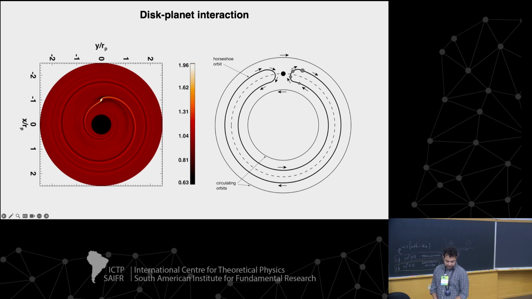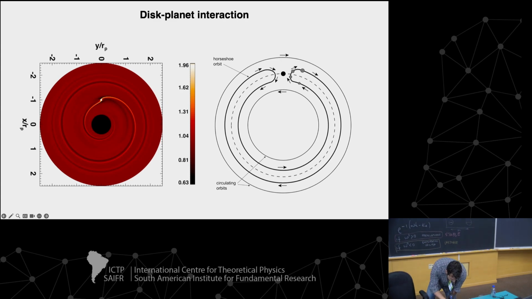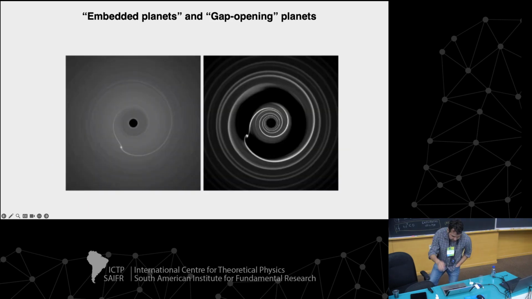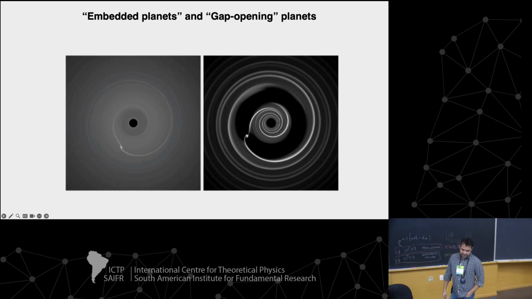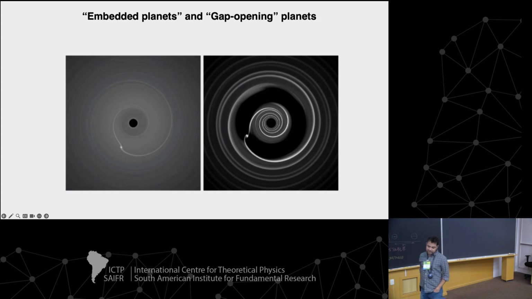These are intermediate mass black holes, yes. That was the slide that I was looking for. This is the embedded planets, type 1, and these are the gap opening planets, type 2, migration.